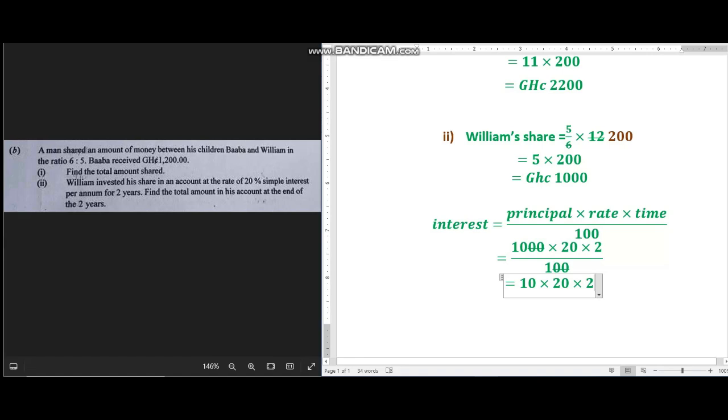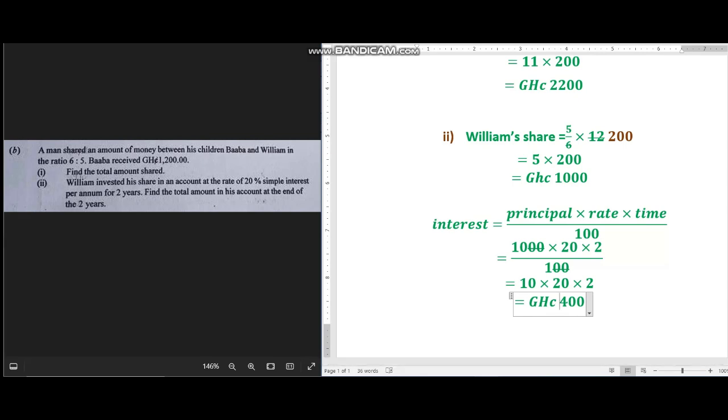The denominator is only 1 now, which we don't need. Any number over 1 is the same number. So we just multiply these 3 numbers: 20 times 2 is 40, times 10, or 10 times 20 is 200, and 200 times 2 gives us 400. So the interest earned is 400 Ghana cedis.